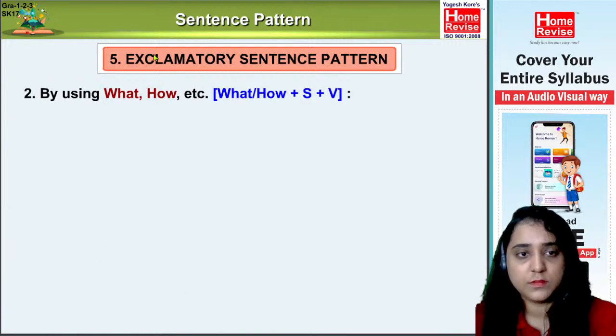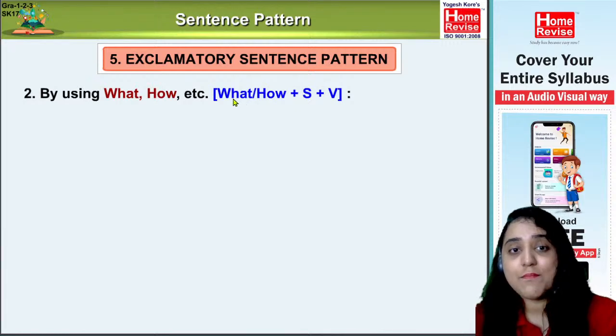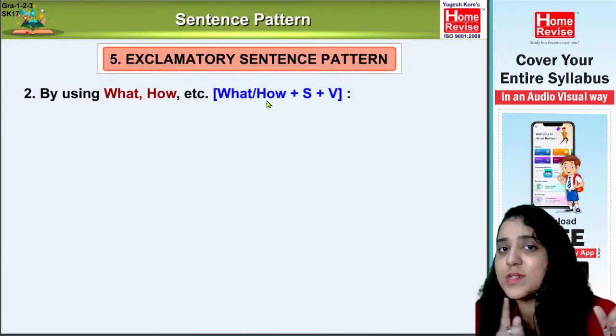2. By using what, how, etc. What or how plus subject plus verb. Okay, so now we are using what or how. Now you will say, ma'am, what and how are basically used in WH questions. Yes, WH words are used in WH questions.